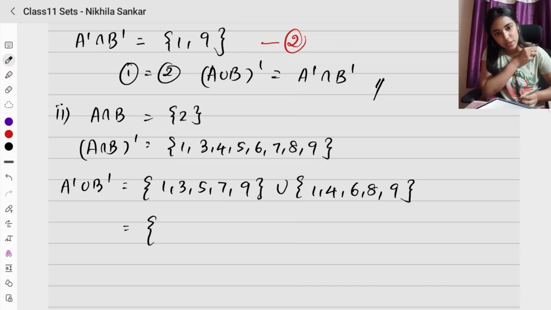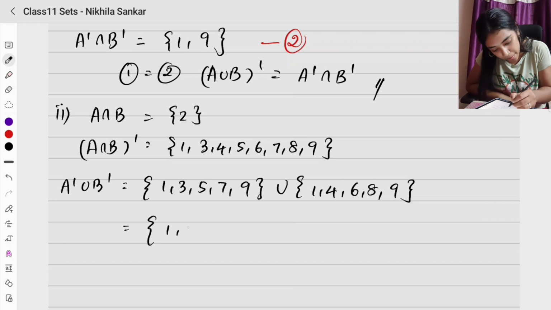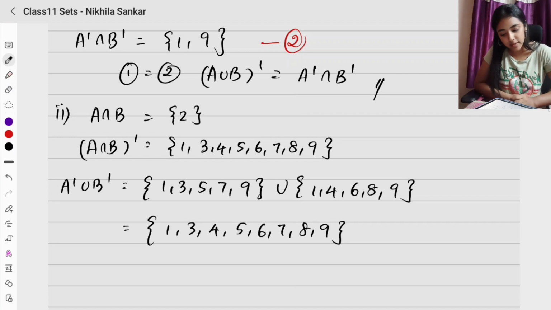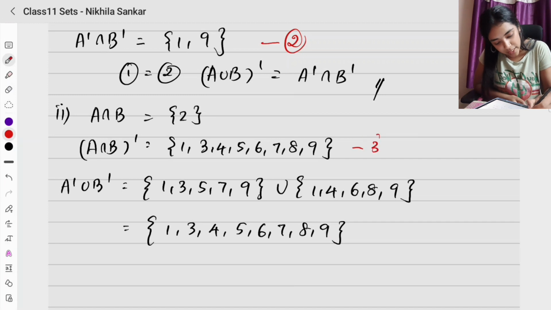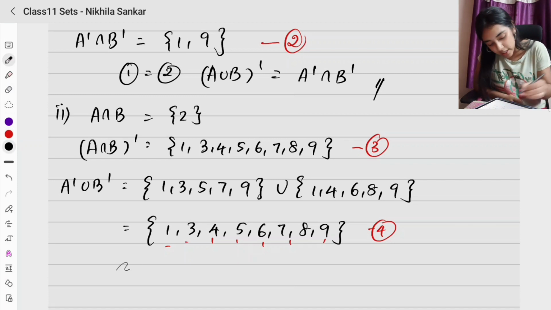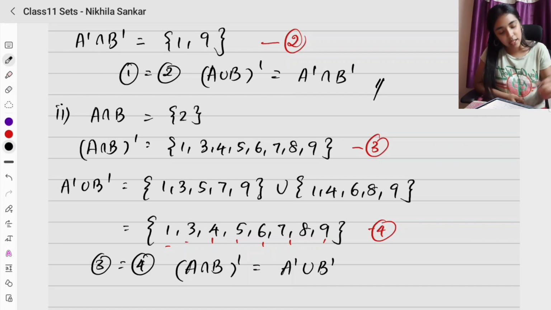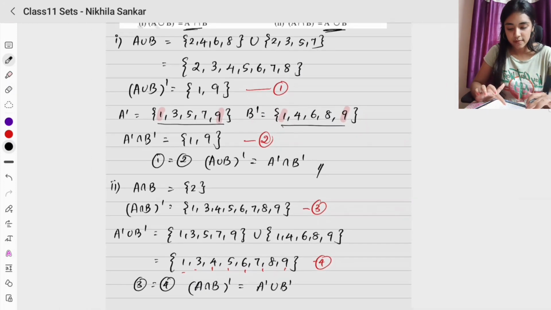I'm going to write all the elements without any repetition: 1, 3, 4, 5, 6, 7, 8, 9. 9 is repeated twice, I'm not going to write it twice. So these two are equal. 3 equals 4, which means A intersection B the whole dash is equal to A dash union B dash. Okay, please copy.